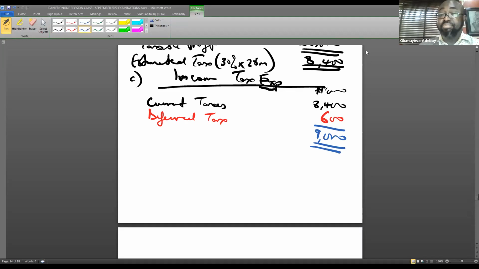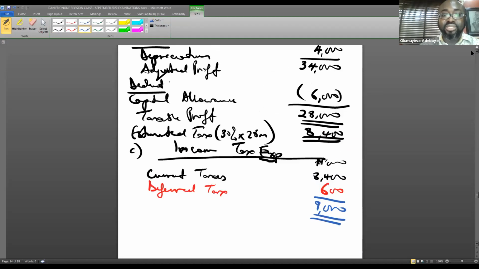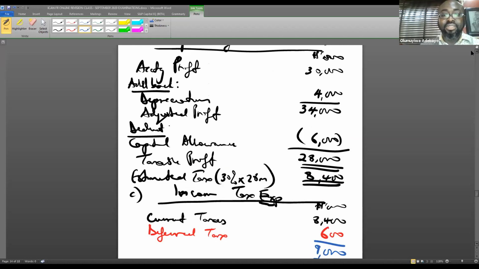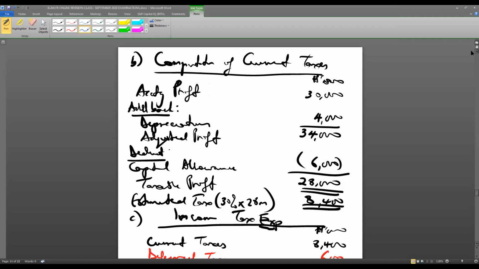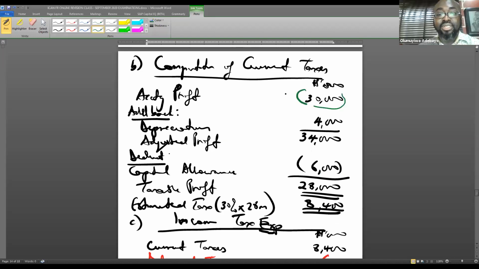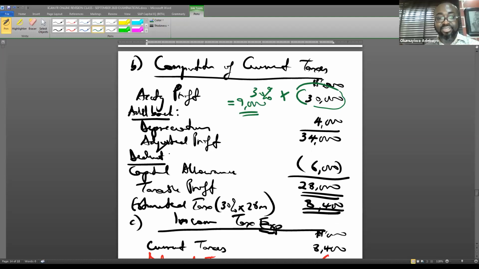Now, can you relate to this 9,000? What was my accounting profit? My accounting profit was 30 million. Now, if I apply this 30 million, let me multiply it by my tax rate of 30%. What will it give me? 9 million. Now, what we are trying to say is this.